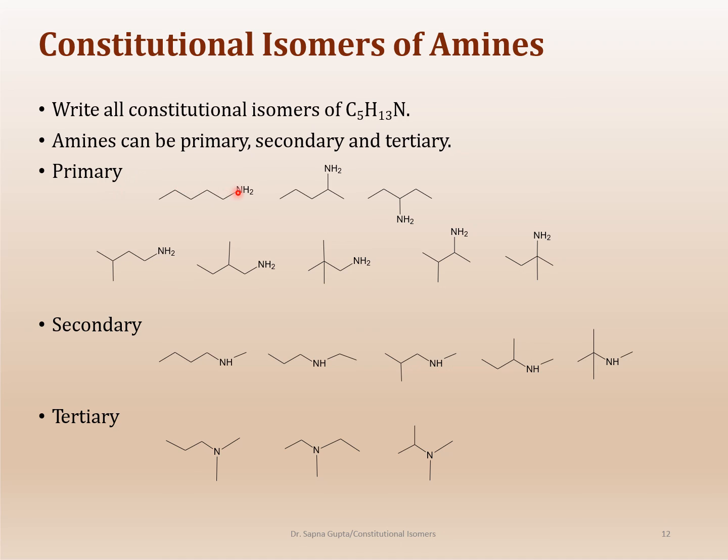So primary, I say 1 carbon attached to nitrogen, secondary 2 carbons, tertiary 3. All of these have the same molecular formula. Look at how many amines we can draw with 5 carbons. Go through this also just to see the variations for all these structures.